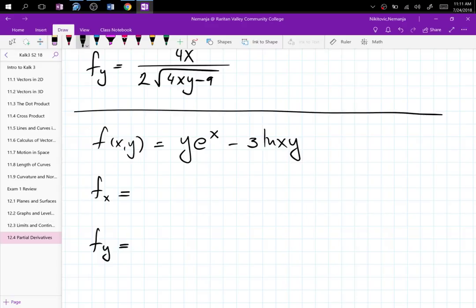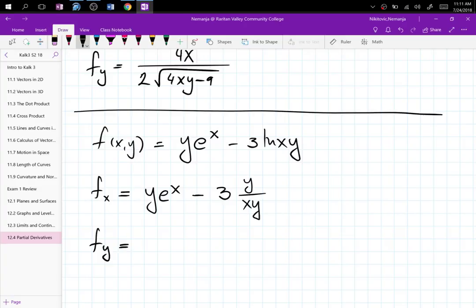So partial derivative with respect to x. Well, the first term stays the same because the derivative of e to the x is e to the x and y is a constant. So the first term stays the same. The second term is going to be 3, you copy, and then the derivative of ln xy is going to be, we copy the function in the denominator and take its derivative on top, right?